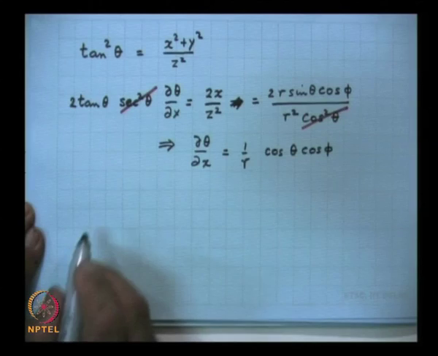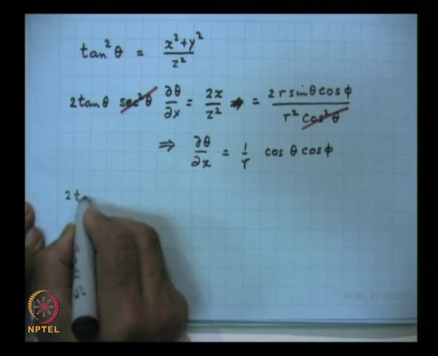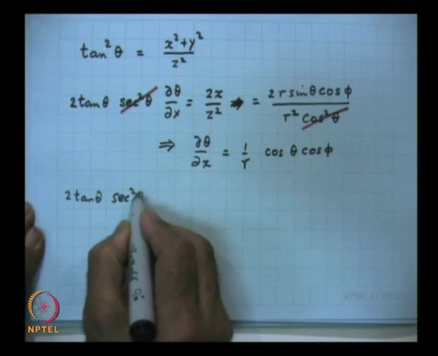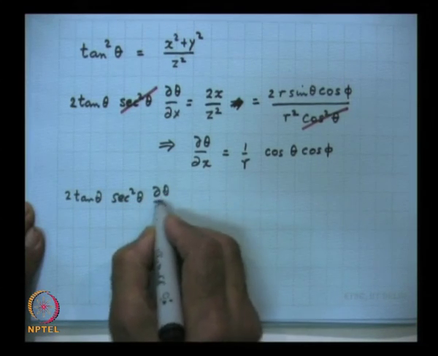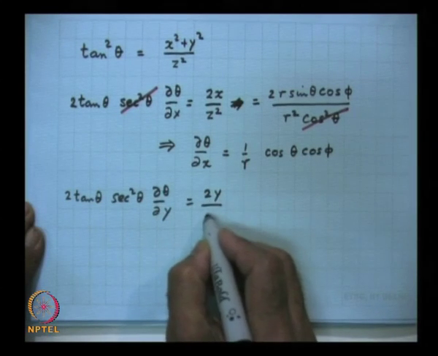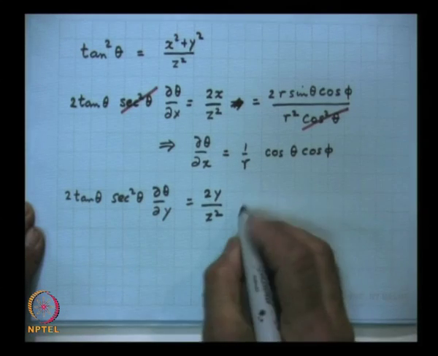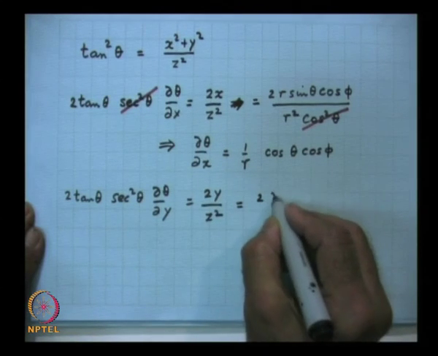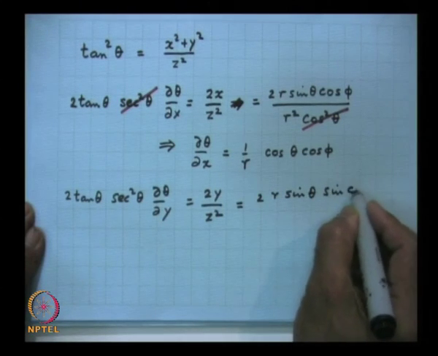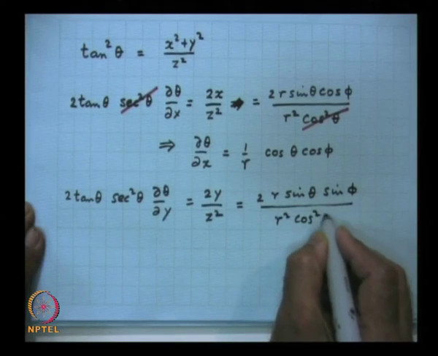Finally, if I differentiate with respect to y, then again 2 tan theta sec square theta delta theta by delta y is equal to 2y by z square, that is 2 r sin theta sin phi divided by r square cos square theta.